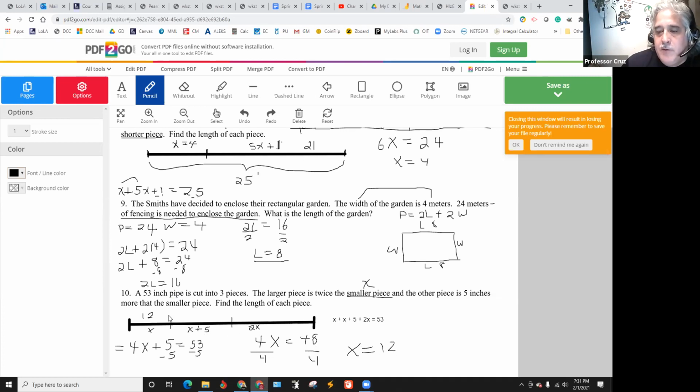This is 12 plus 5, 17. And then this is 24. And all three of these should add up. Let's see. Yep, 53. So there we got 12, 17, and 24. Any last questions?